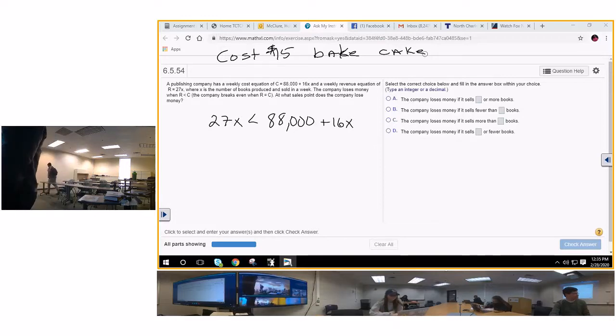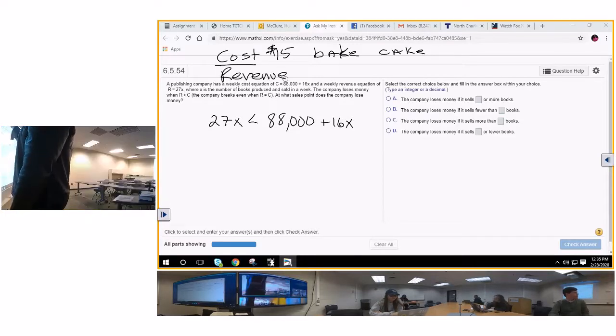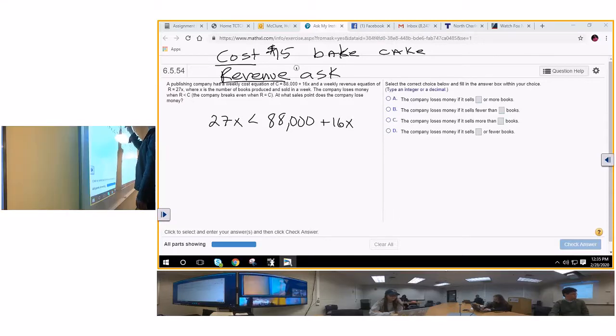That's your cost. And your revenue, what you ask for that cake, is $25. So how do you find your profit?